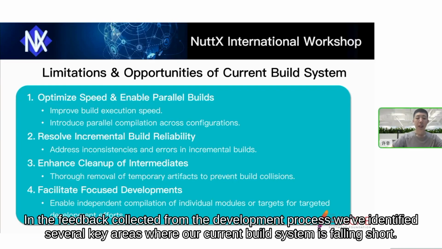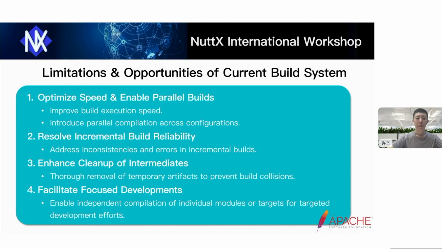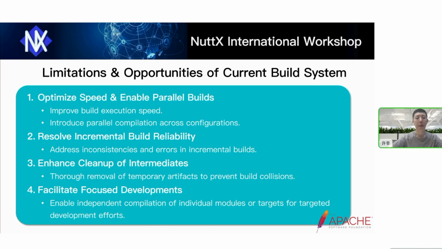In the feedback collected from the development process, we have identified several key areas where our current build system is falling short. Let me outline these points and their implications. Our first major point of feedback concerns the speed of compilation.